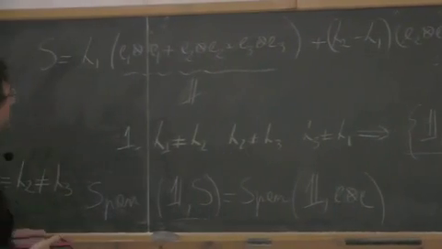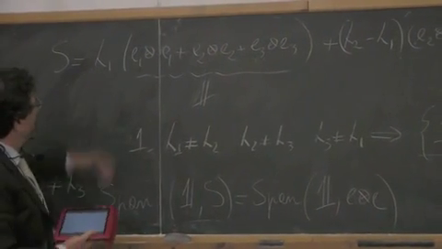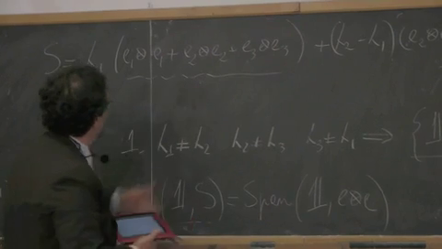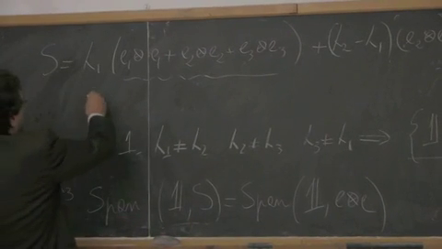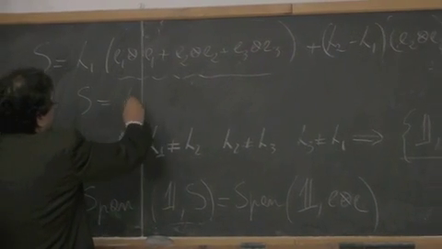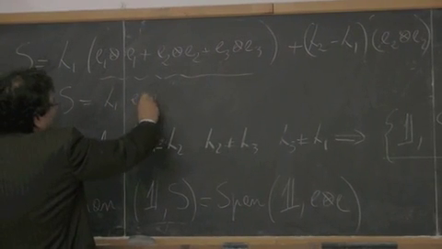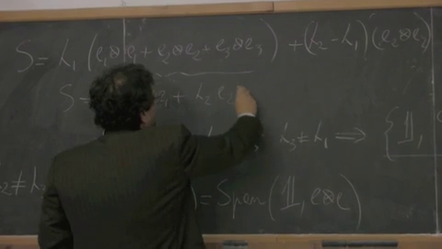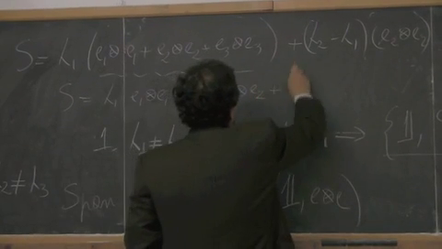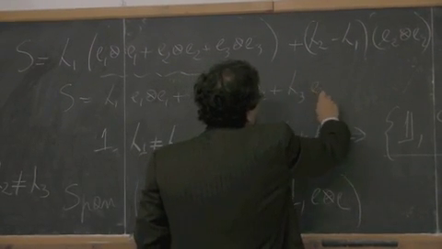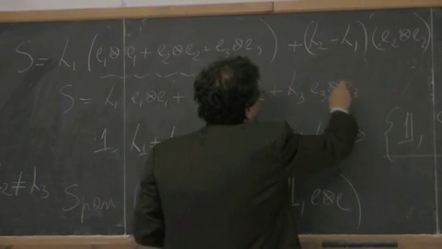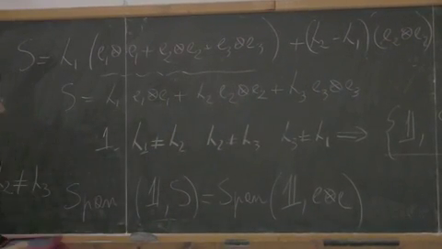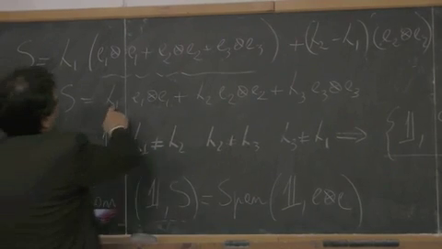What I have done, okay, maybe it is worth to write the first formula. Lambda 1 E1 tensor E1 plus lambda 2 E2 tensor E2 plus lambda 3 E3 tensor E3. Okay?